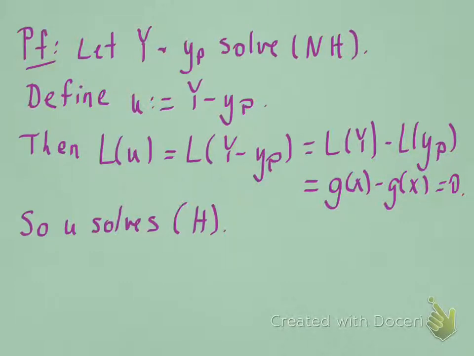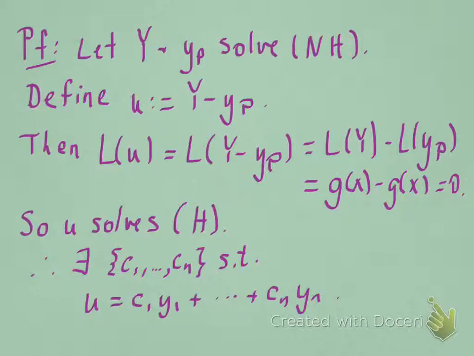And now, since you're experts on the homogeneous differential equations, you know that that means we can write u as some linear combination of my fundamental set of solutions. Namely, there exist constants c1 through cn such that u equals c1y1 plus ... plus cnyn.